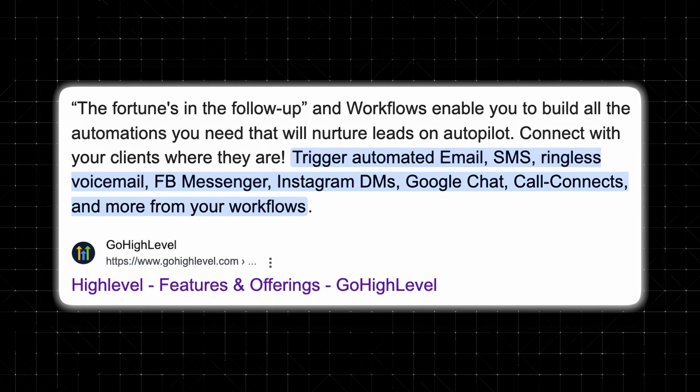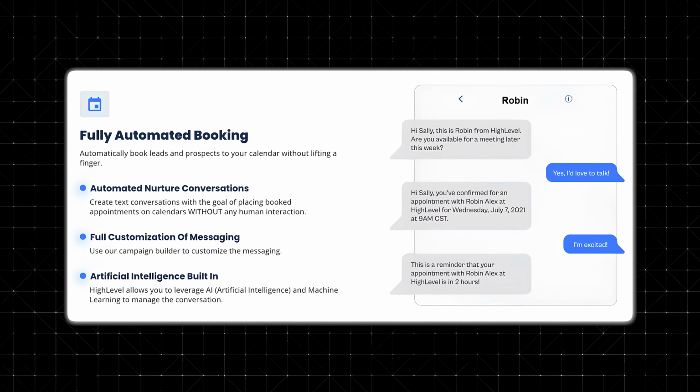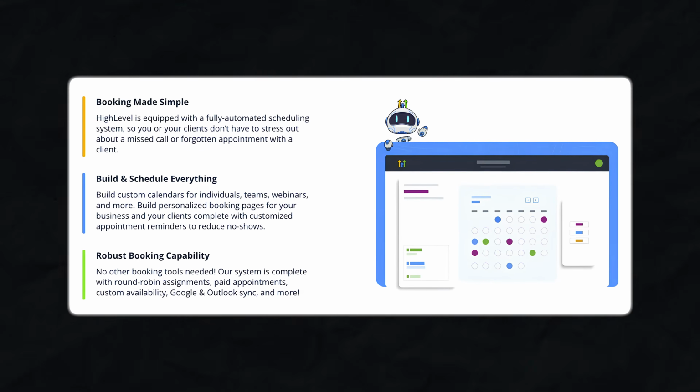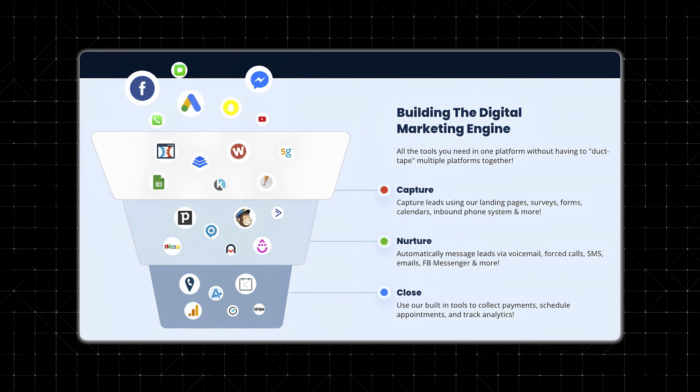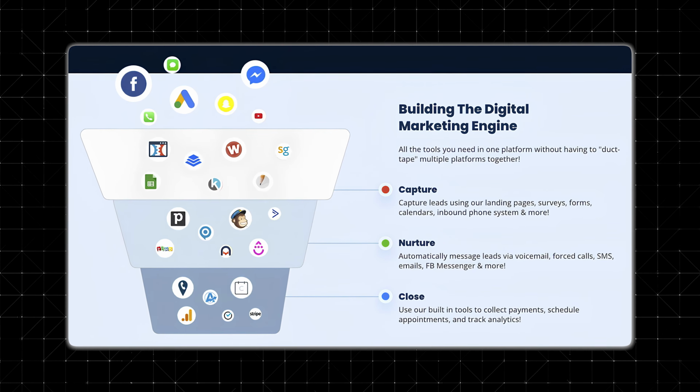In addition, GoHighLevel offers email and SMS automation, enabling businesses to follow up with leads without needing separate software. For service-based businesses, the platform provides appointment scheduling tools, allowing clients to book meetings directly through the system. On top of that, GoHighLevel functions as a full CRM, which gives users the ability to track contacts, manage sales, and keep all customer interactions organized in one place.